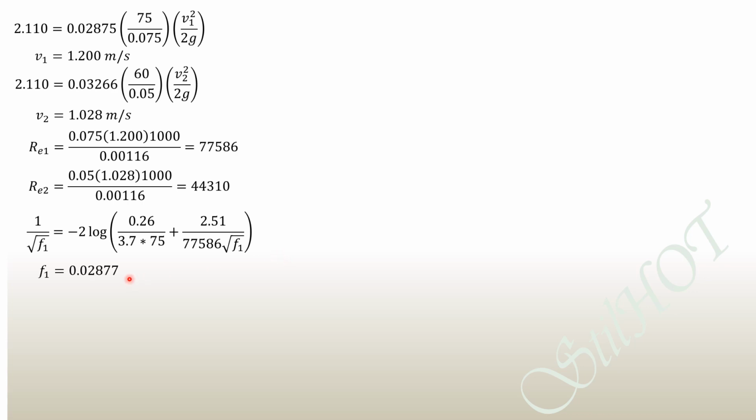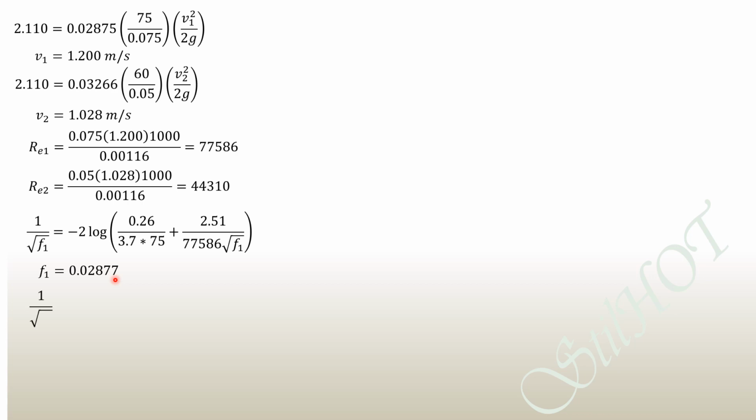We can now finalize this value because there's no appreciable change from the preceding friction factor 0.02875. This is the refined value. So whatever is the computed mean velocity of flow in pipe 1, that would be the final velocity.